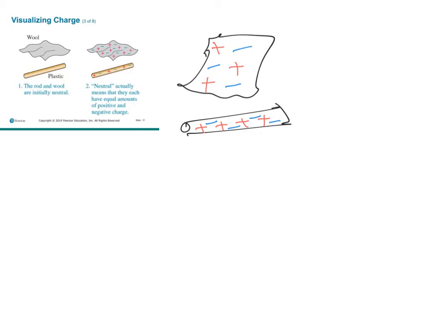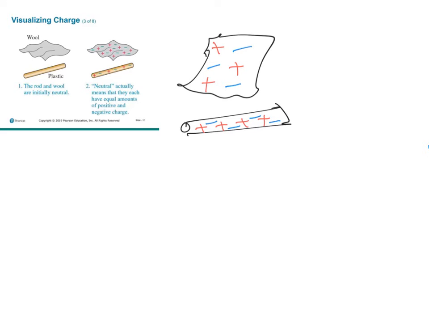But that's fine. It just shows that they're neutral, things are balanced, because I've got the same number of positive and negative. Now, when we rub the wool or the silk on the rod, some charge is going to transfer from the silk to the rod or vice versa.